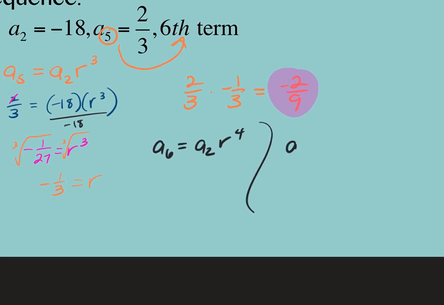Or if I want A6 and I have an A5, I would multiply it times R to what power? 1, which is basically what we did, okay? So you can bridge the gap on any terms by using the exponent on the R. You could literally have done that second part 3 different ways. Questions?